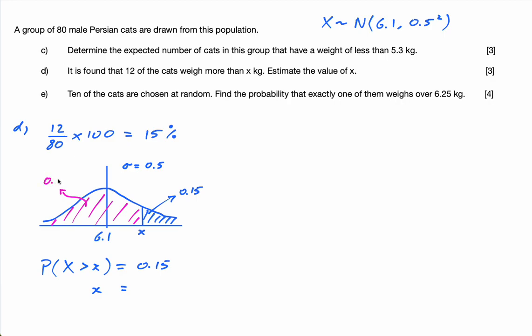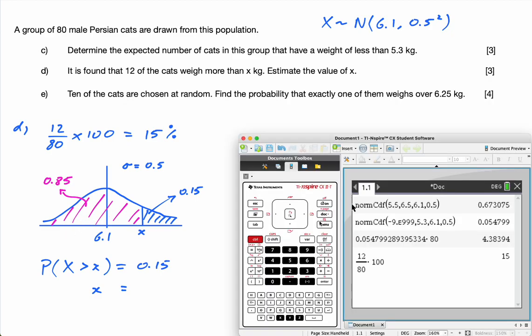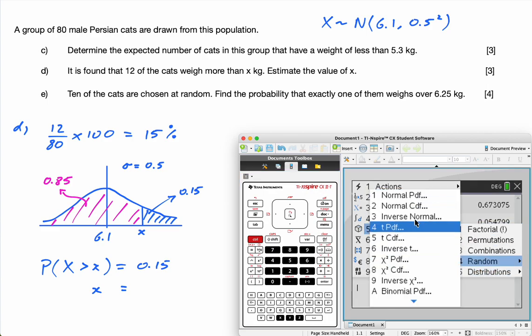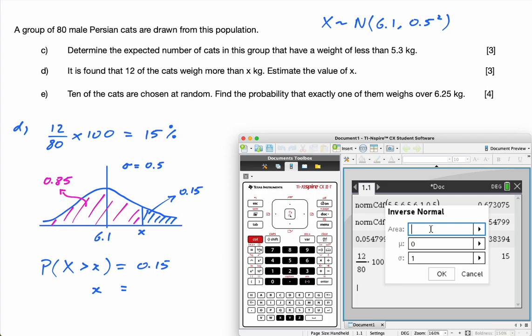But the calculator I'm going to do, you have to put in the area that's left of x, which in this case is 0.85. So when I do menu, probability, distributions, inverse normal, I don't put 0.15, I put 0.85, a mu of 6.1, and a standard deviation of 0.5.